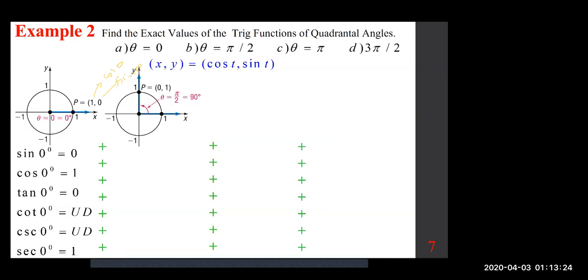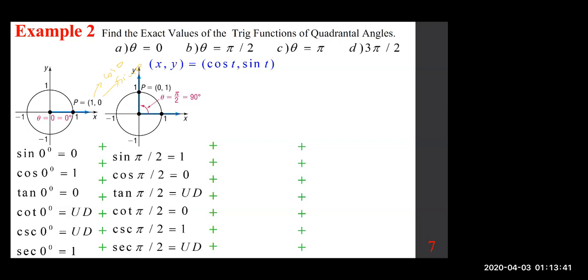So cosine of pi over 2 or 90 degrees is the x coordinate, 0, and sine of pi over 2 or 90 degrees is the y coordinate, 1. You can quickly figure out the rest of them, I hope. Does that make sense, everybody?